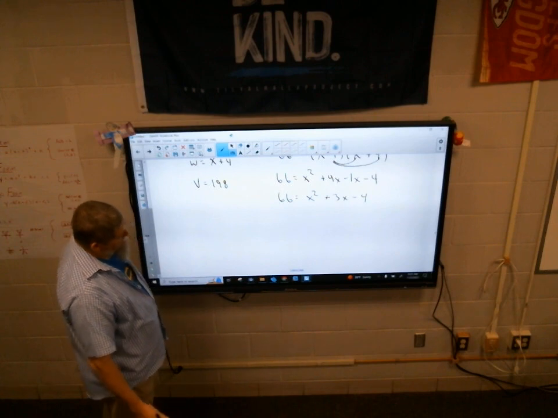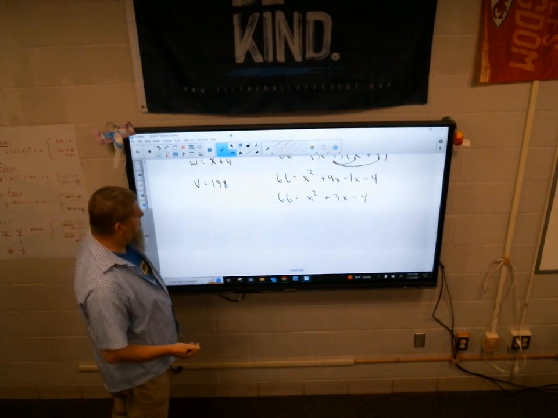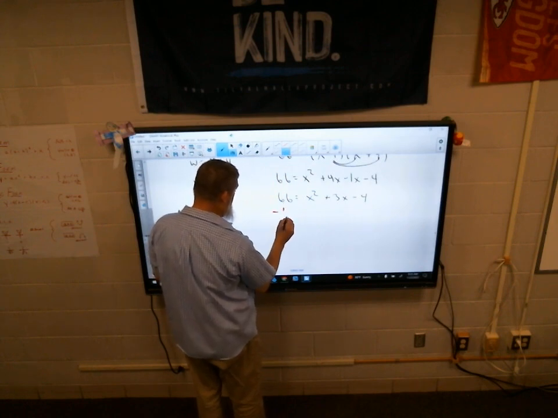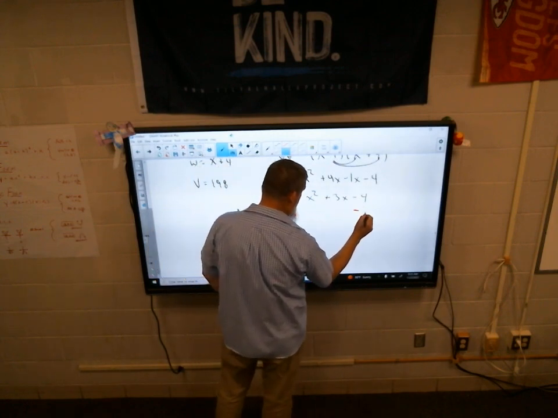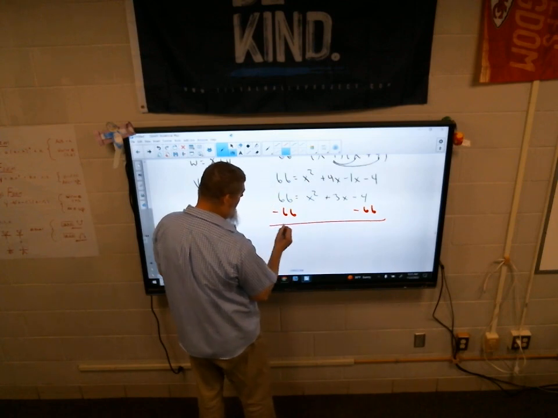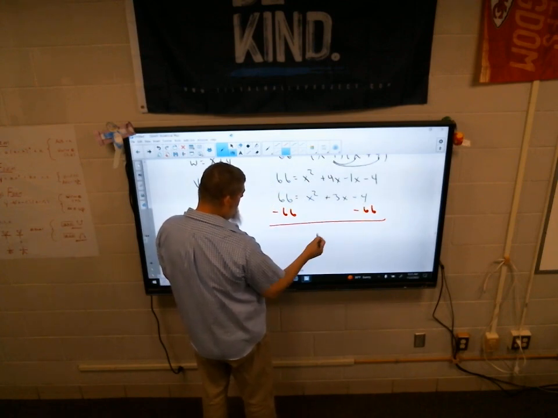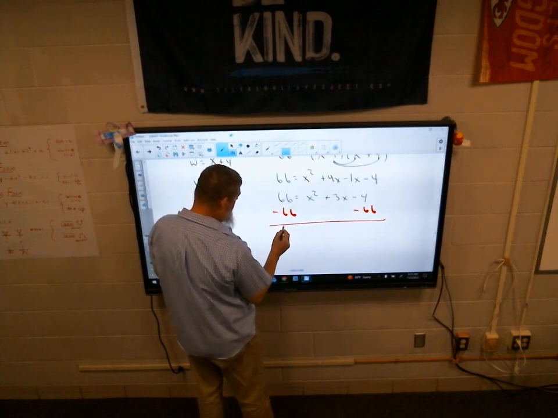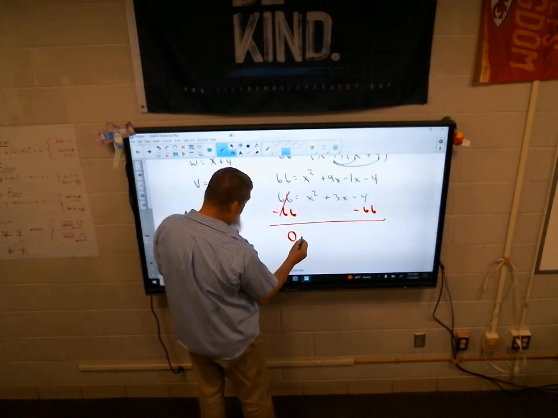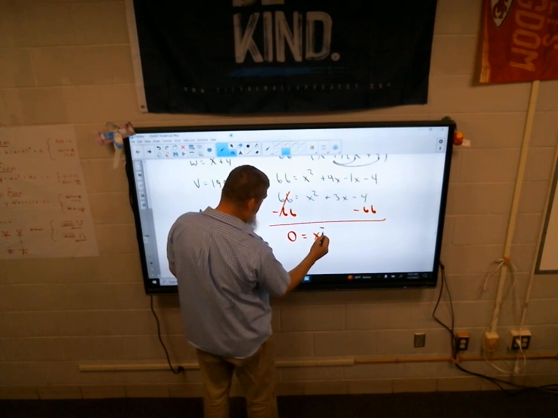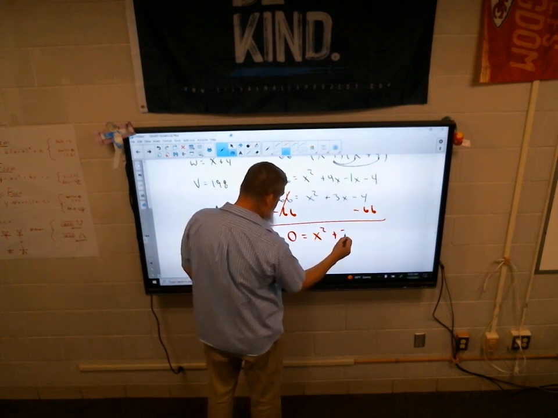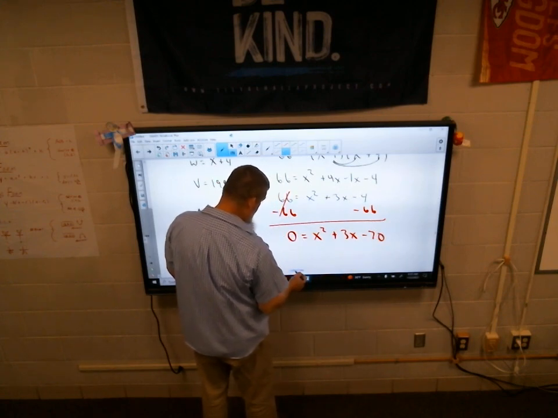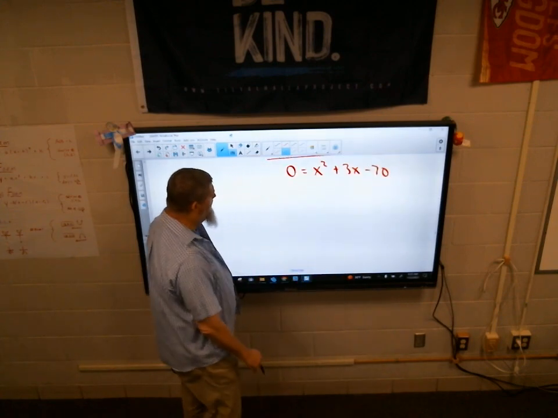All right, and then if you remember, let's put it in standard form to begin with. So I'm going to go ahead and subtract 66. And I combine like terms, so I subtract it from the constants because it doesn't have an x squared or an x. So you're left with 0 equals x squared plus 3x minus 70. And once again, this is what we took the test over recently, the exam, solving quadratics.